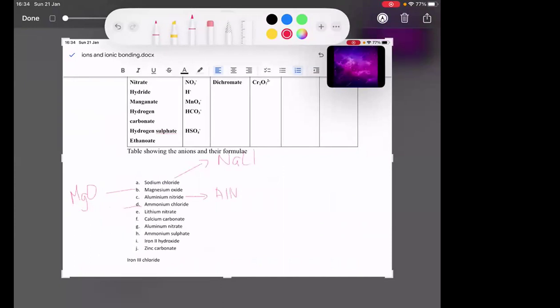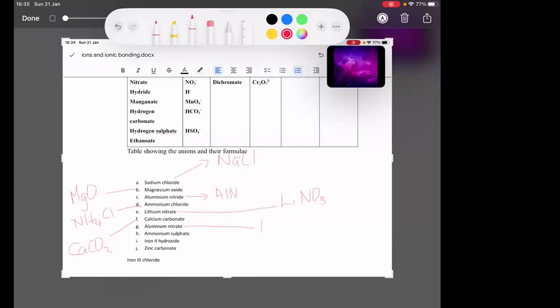Then we have ammonium chloride. NH4Cl. Then we have lithium nitrate. LiNO3. Then we have calcium carbonate. CaCO3. Yes.